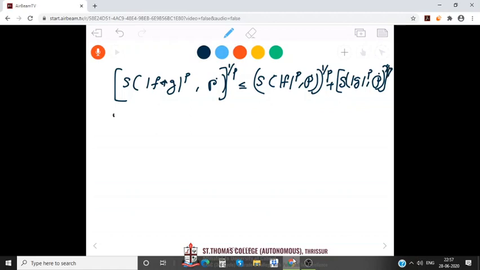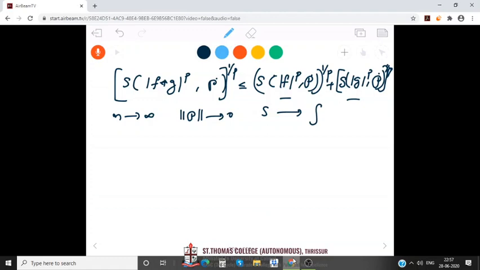Now take n goes to infinity. As n goes to infinity, we know that the norm of the partition goes to 0. In that case, the Riemann sum will go to the integral value, because both these functions are given to be integrable. Since both of these are integrable, mod f plus g raised to p must be integrable, because its Riemann sum is less than these two sums.